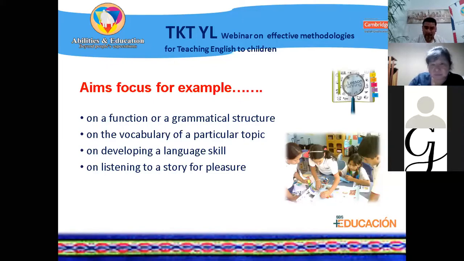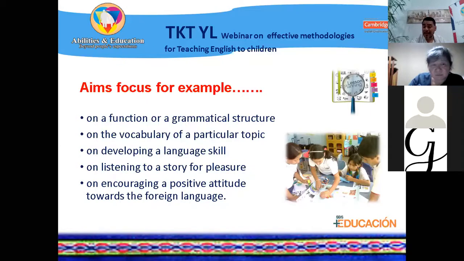So yes, it depends on the students' necessities, but there should be a general guide the teacher should follow, and this is what we will cover tonight. Aims could also focus on encouraging a positive attitude towards the foreign language. The aim of my lesson could be that children value the importance of speaking in English only in the classroom.